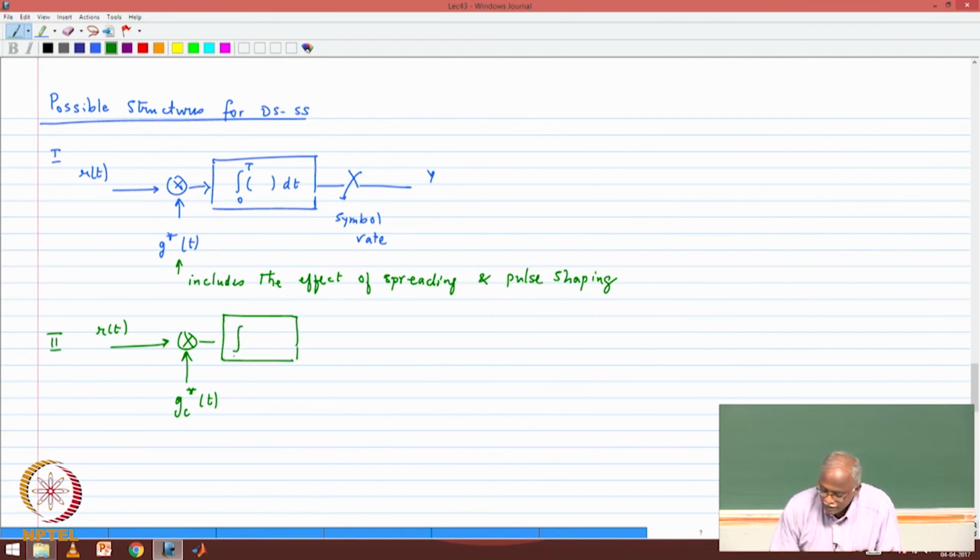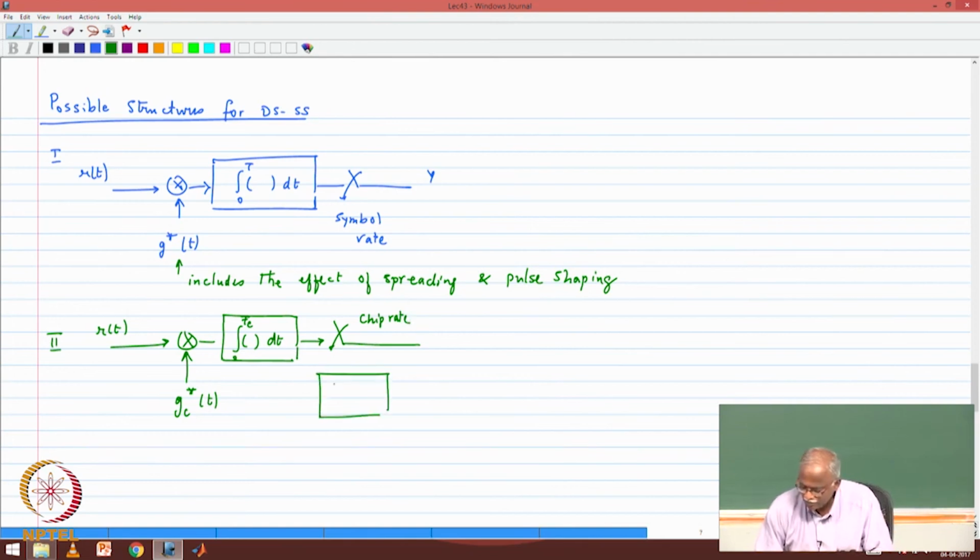So we will now integrate from 0 to Tc, integral dt, and the output I'm going to sample at chip rate. So basically there is a chip rate clock, just like in the previous case you would have a symbol rate clock, a chip rate clock which is controlling this sampling device.